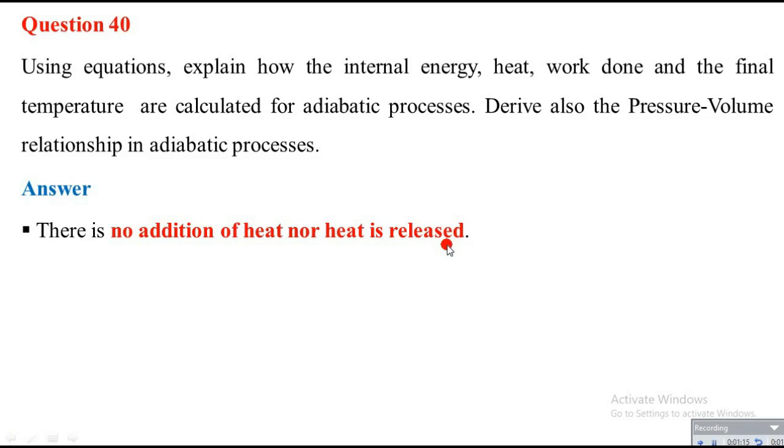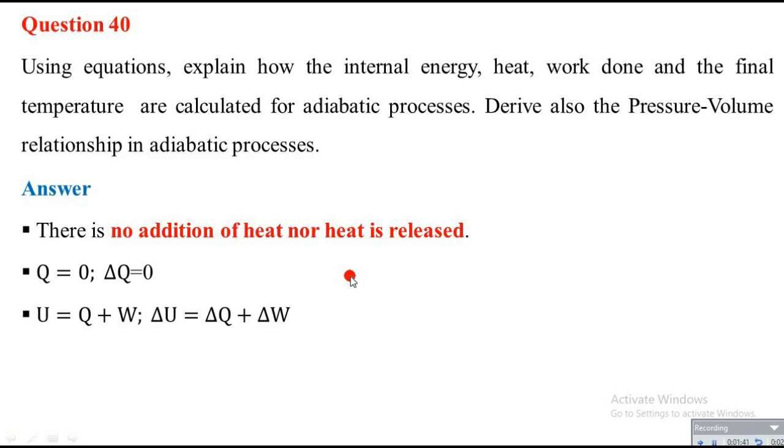That means Q, which is the heat, is 0. So in an adiabatic process, we have Q equal to 0, or the change in the heat, dQ, is equal to 0. No heat is added and no heat is released.